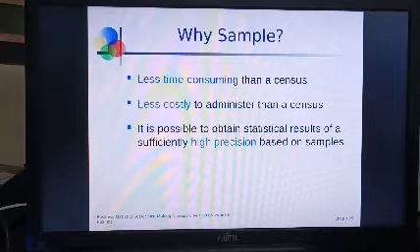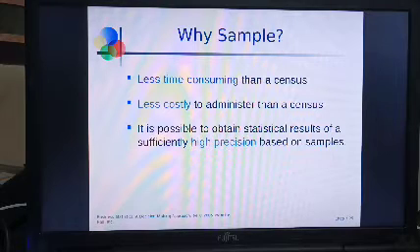It's because sampling takes less time. It is less time consuming than a census. Census means you have to scrutinize everything, leave no stone unturned.